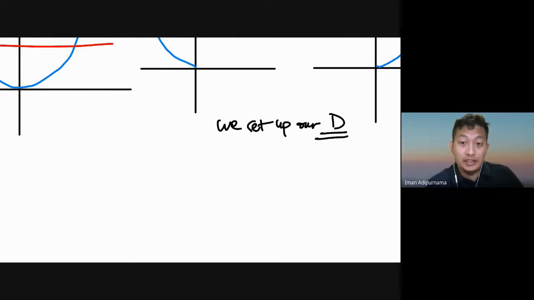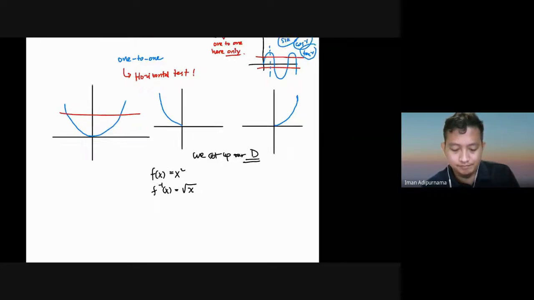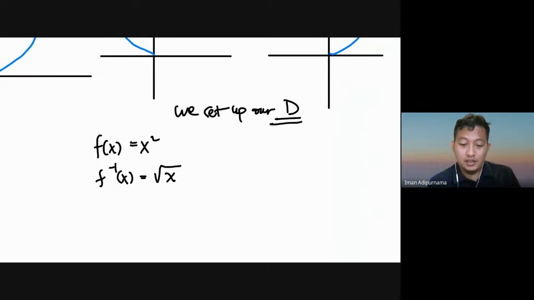But usually in general, we just write that if we have this, then the inverse will be this. Because if you write positive and negative in one term like this, it will be a problem.